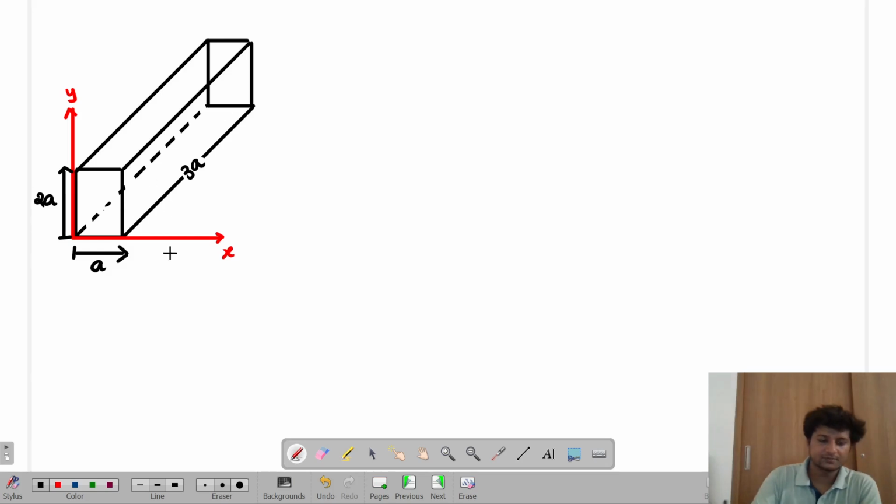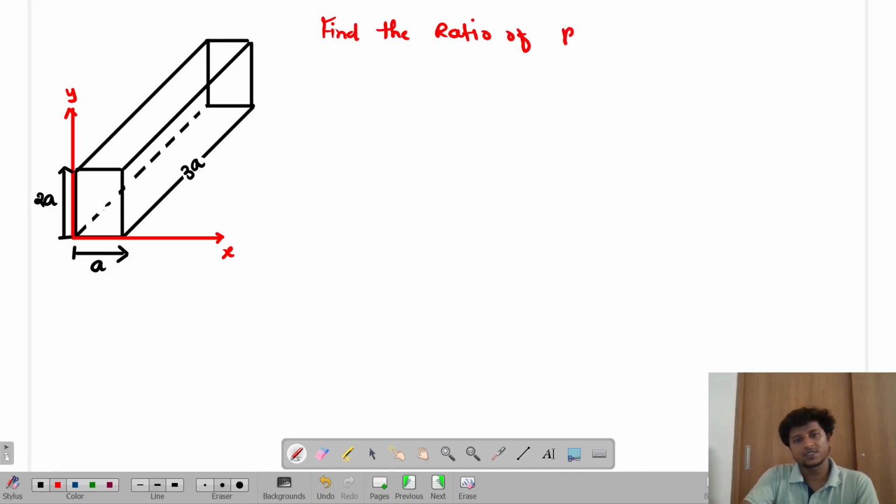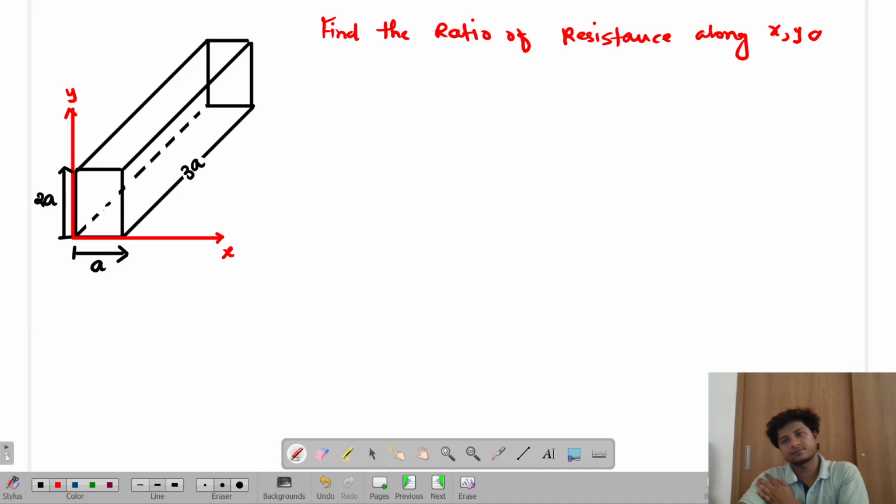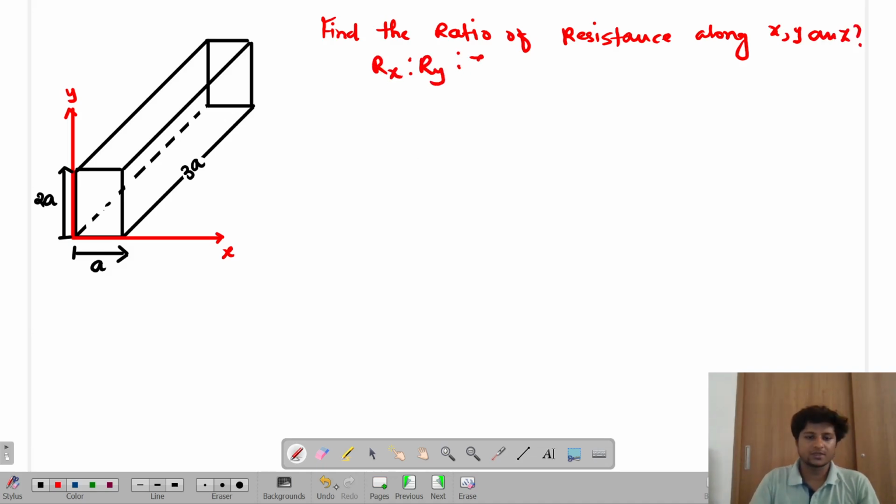So the question is: find the ratio of resistance along X, Y, Z. Means you have to find Rx is to Ry is to Rz. Got it?